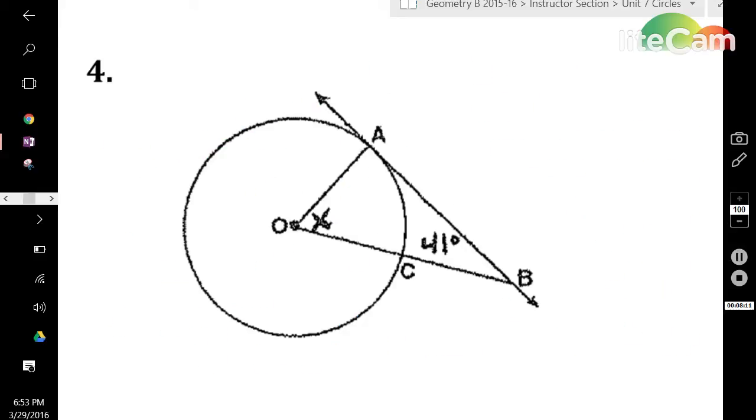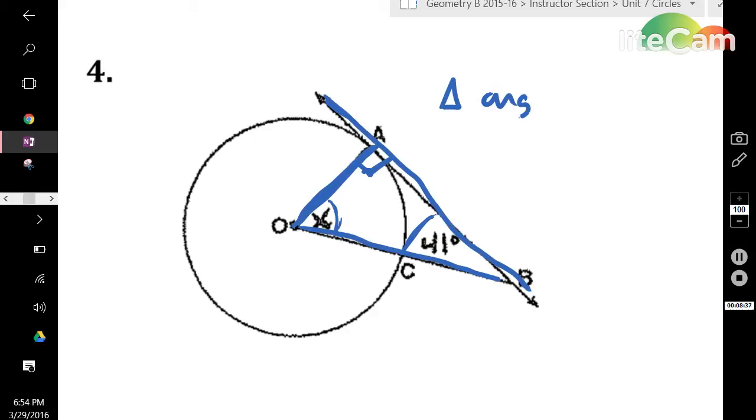The last example is a circle with a tangent line AB. OA is a radius, so I know from property number 2 that this is going to be a right angle, tangent intersecting a radius. We are given this angle, 41 degrees. We're looking for this angle here, X. Now, this has made a triangle, which we talked about in the previous problem.